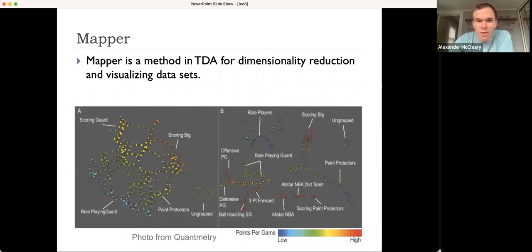And then the idea is, okay, can we sort of reconstruct, just knowing that metric, just knowing how similar players' stats are, the types of players we'd see in the NBA? And so this is what Mapper looks like here. It's sort of clustering, but not just clustering. It's also telling us how the clusters are related, so it's a sort of refinement of clustering.